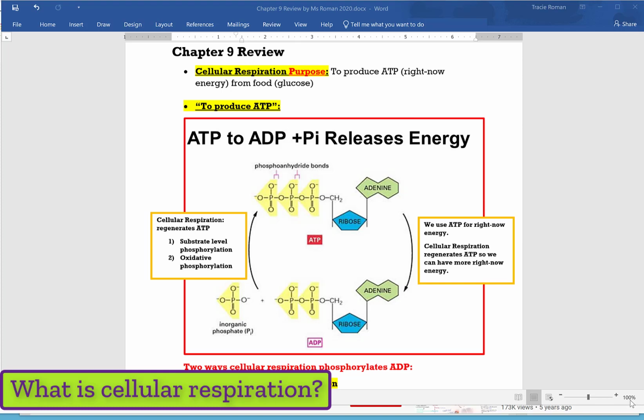And it seems like that wouldn't need so much to occur inside of a living organism. However, it's quite complex and complicated. This image that I got from the internet shows you how ATP is regenerated.